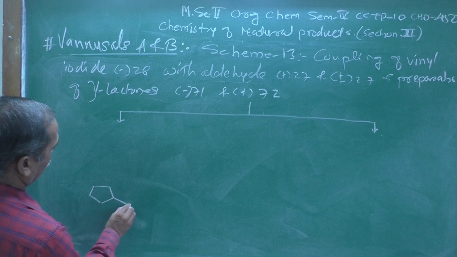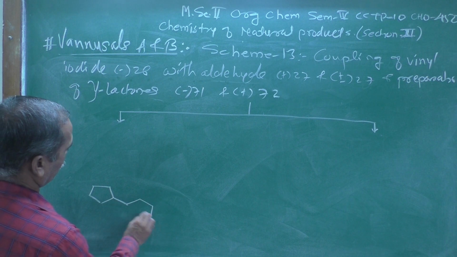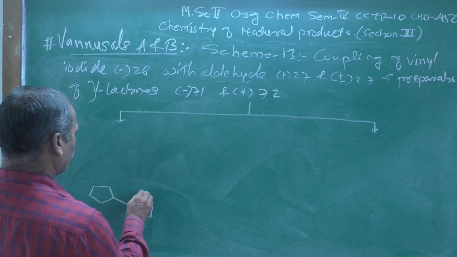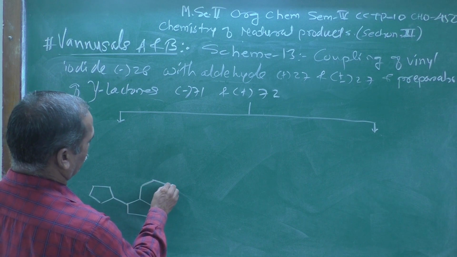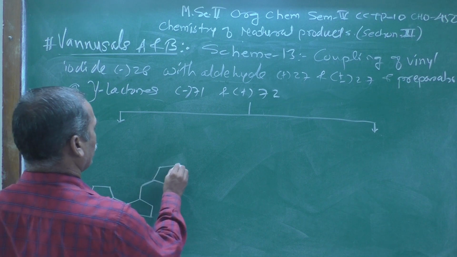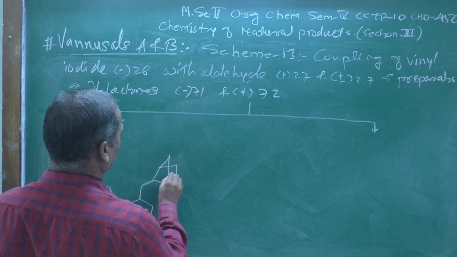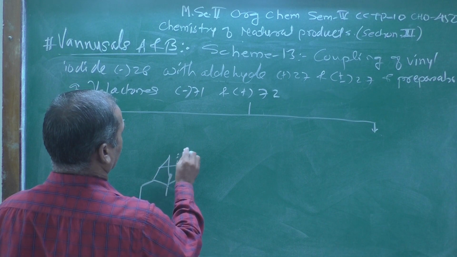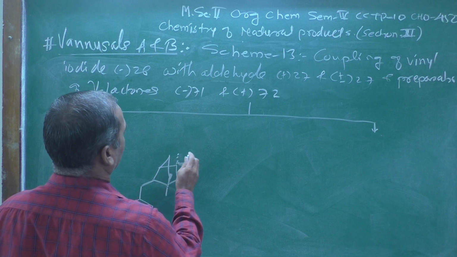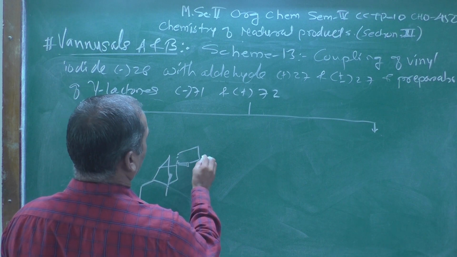This is a 5-membered ring joined with another 5-membered ring, and there is another 5-membered ring which I am connecting over here.